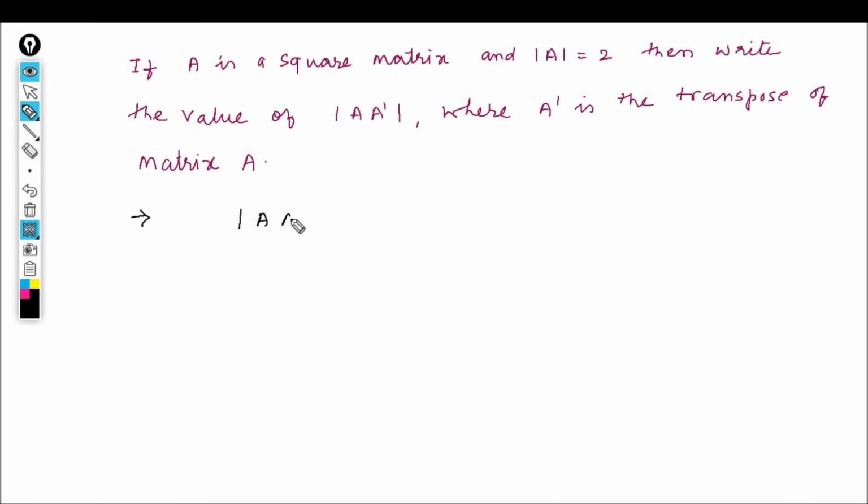So determinant of A A dash can be written as determinant of A into determinant of A dash. ठीक है बच्चों. So this is equal to determinant of A into determinant of transpose of A, and this is equal to 2 squared, which is 4.